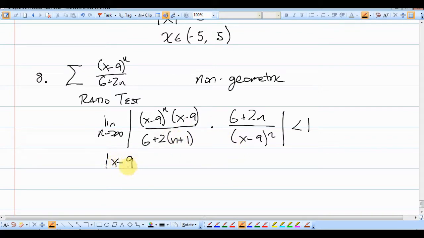You get x minus 9 times the limit of 6 plus 2n over 8 plus 2n.